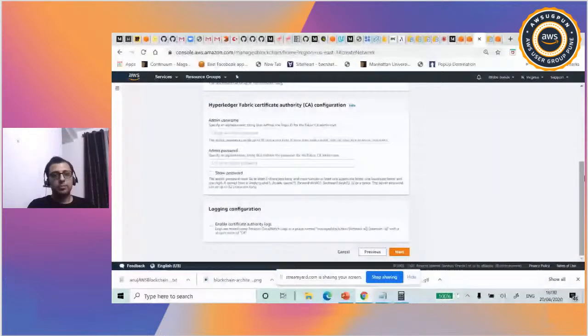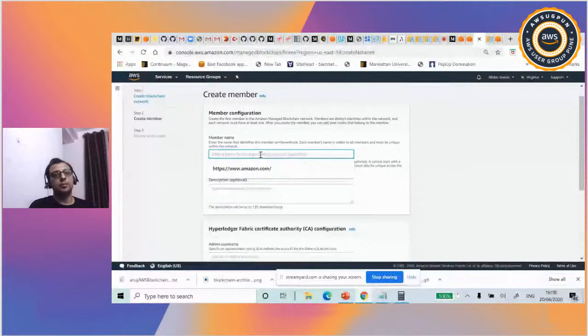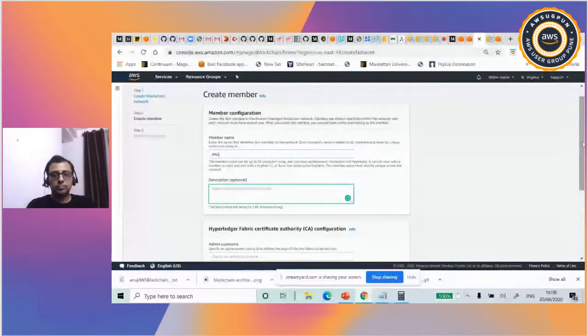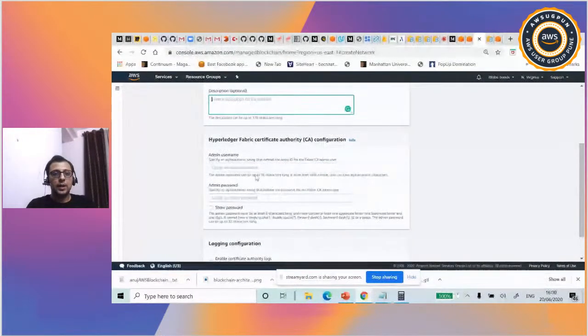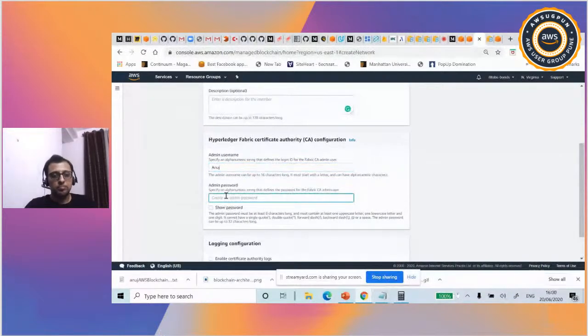Now, for any blockchain, as I was saying, it's distributed, so there has to be a member. So I became the member, and then the admin member who can actually invite others.